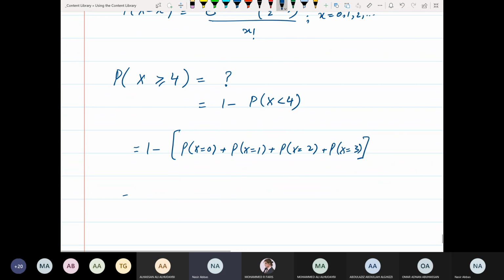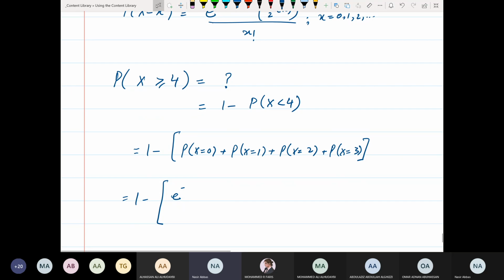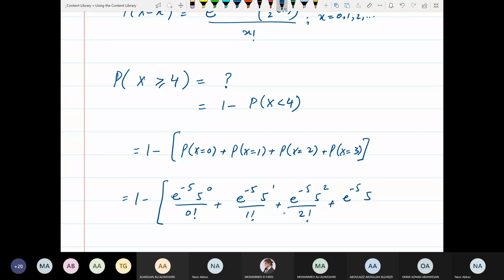This you can find easily, like 1 minus e to the power minus 5 times 5 to the power 0 over 0 factorial, plus e to the power minus 5 times 5 to the power 1 over 1 factorial, and so on. So who can tell us the answer?